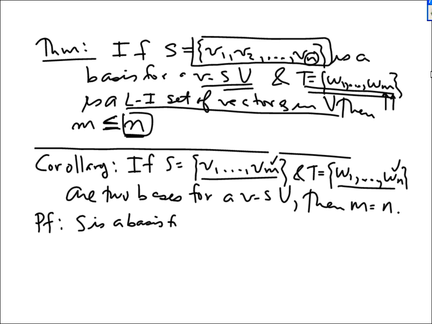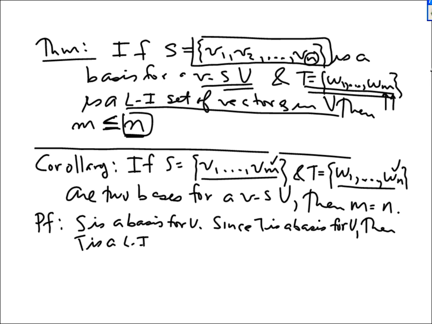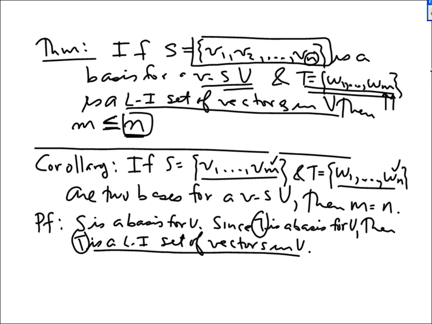S is a basis for V. Since T is a basis for V, then T is a linearly independent set of vectors in V. So we have T is just a linearly independent set of vectors in V. We can say it's a basis, but I just want to say it's linearly independent.